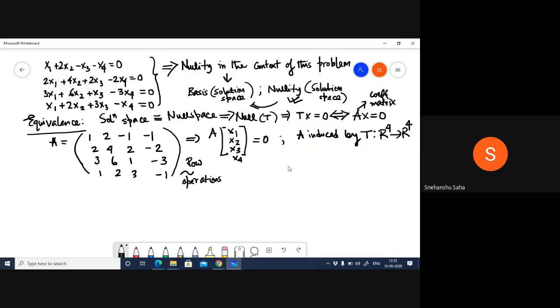If you do some row operations, you will be able to reduce this matrix to the following form: 1, 2, 0, -1, 0, 0, 4, 0. And the last two rows will be identically 0.